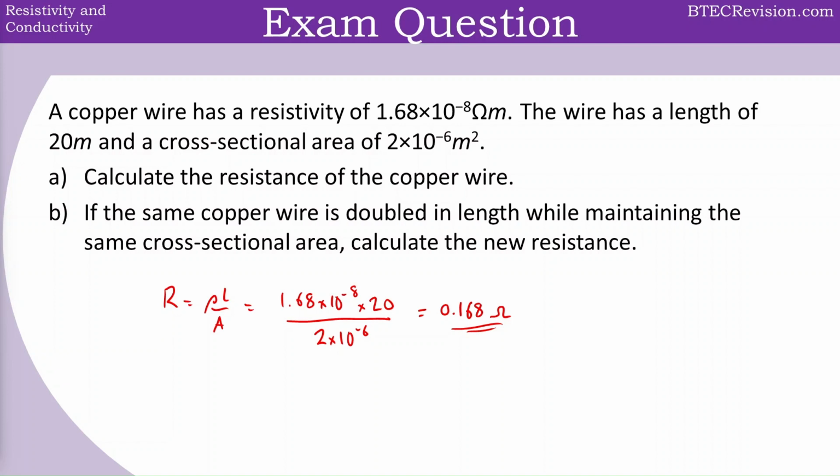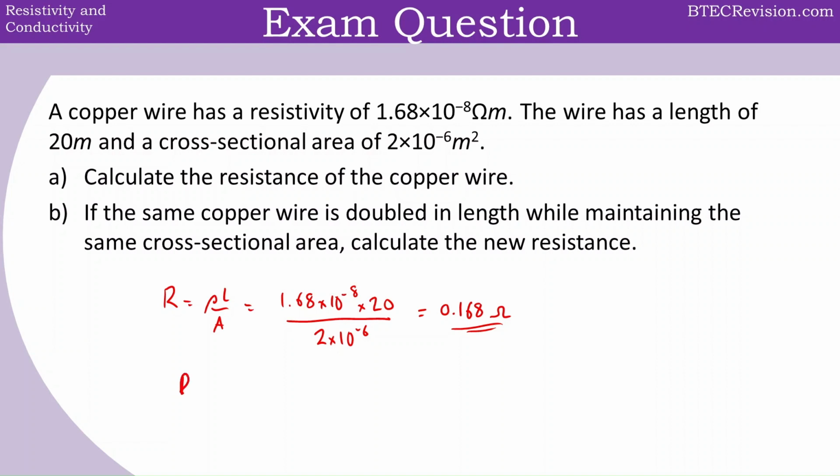So we can keep the resistivity constant, and we are going to double the length. So we can times this value here by 2. So that would be 40. And the area stays the same as it mentioned in the question. So therefore, we can just multiply our previous answer by 2.